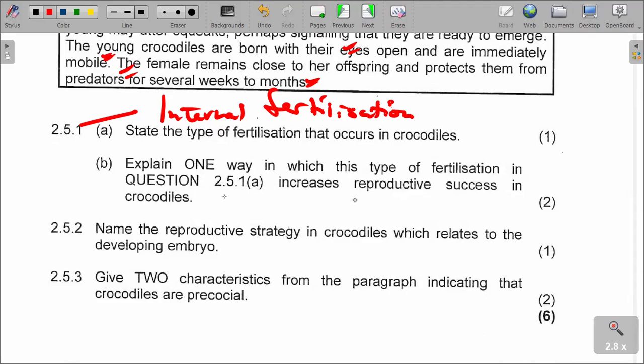How does this type of fertilization increase reproductive success? The sperm are deposited directly into the female, which increases the chance of fertilization.